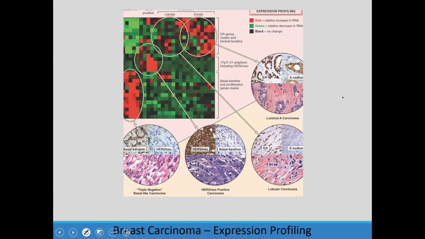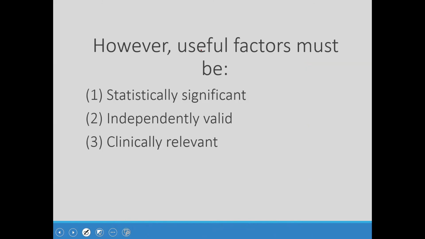And this was an early study that showed that you could actually subclassify breast cancer based on expression profiling. So they look at what messenger RNAs are increased, suggesting that the genes are more transcribed, which ones are decreased, and then they found these various pockets. This is pocket 1, pocket 2, pocket 3, pocket 4, and they then tried to subclassify breast cancer accordingly.